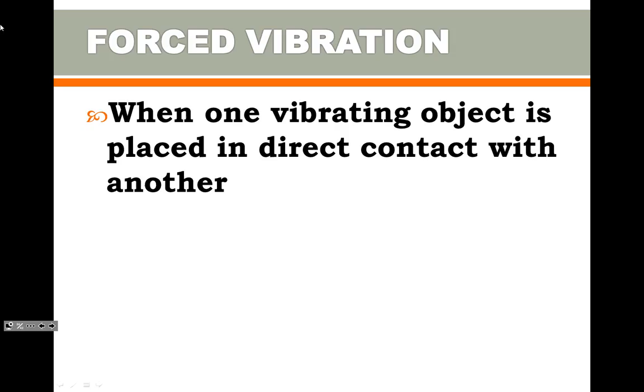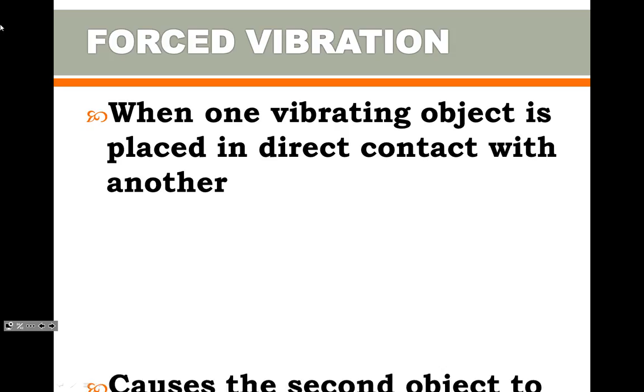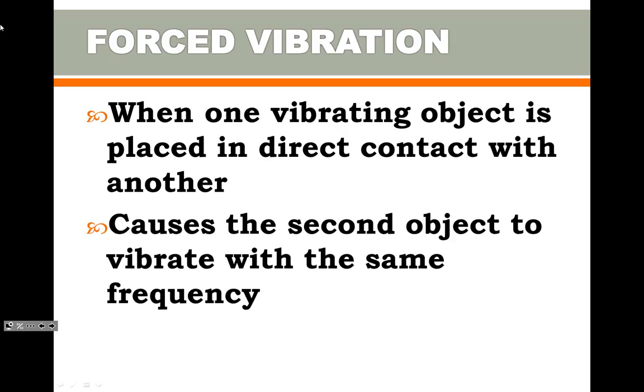This is like taking a tuning fork, striking the tuning fork, and then putting it near the water. Well, what you're going to do is cause the water to vibrate at the same rate as the tuning fork. And that would be forced vibration. You're forcing the rate of vibration from one object onto another. So the second object will vibrate with the same frequency.